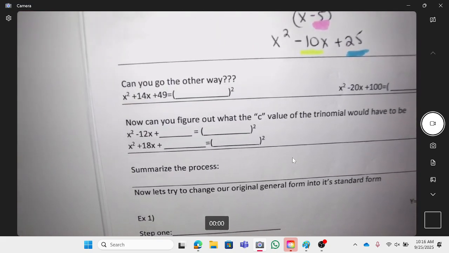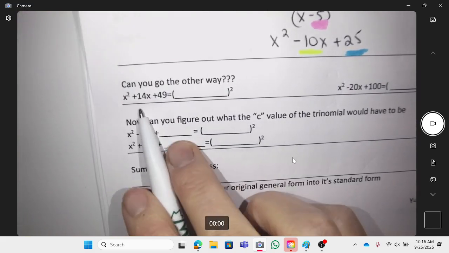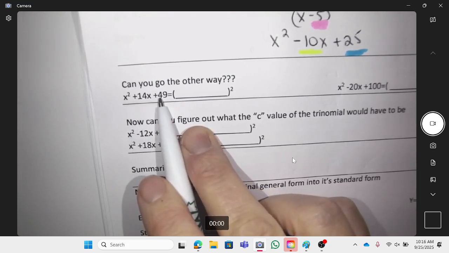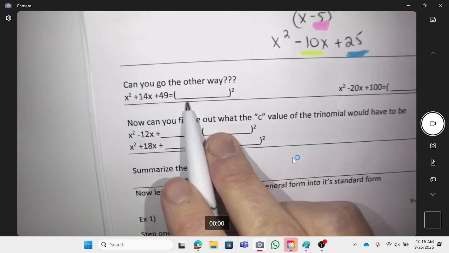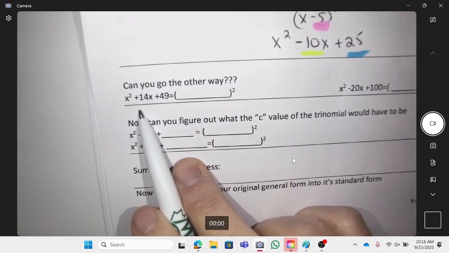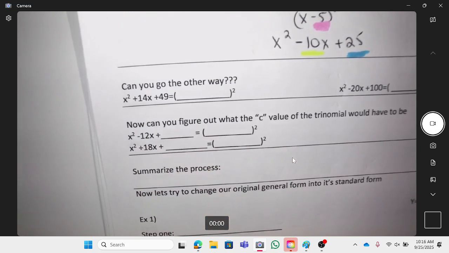Knowing that relationship, here's a trinomial. I call it a perfect trinomial. It's perfect. It's squareable, square rootable. So what would you square to get that? Think about your bracket number. What does it have to be?